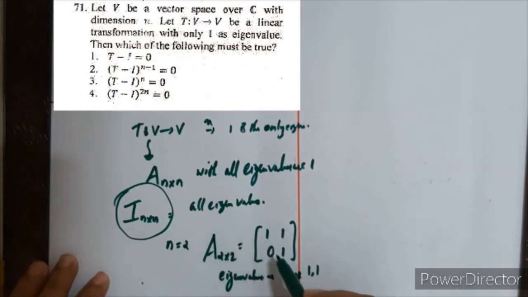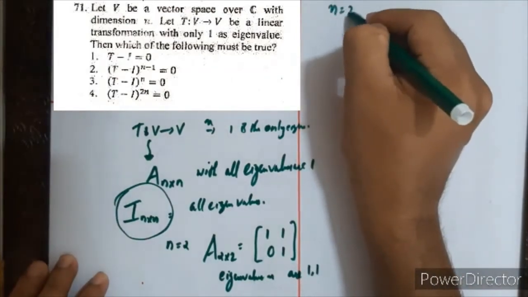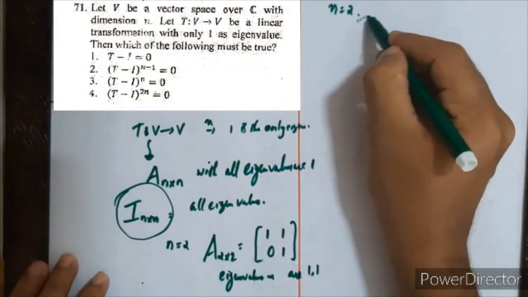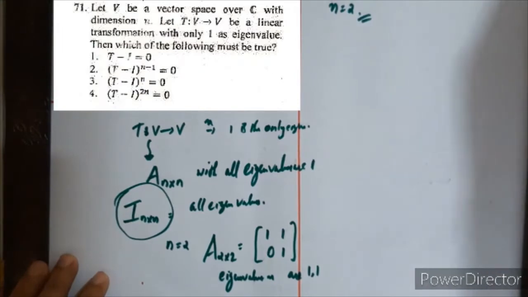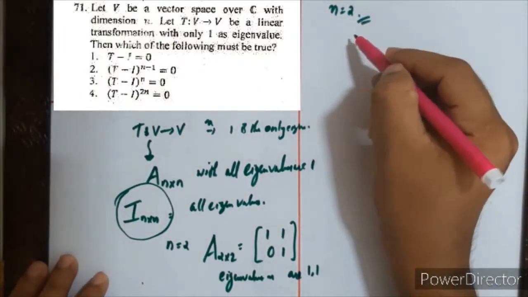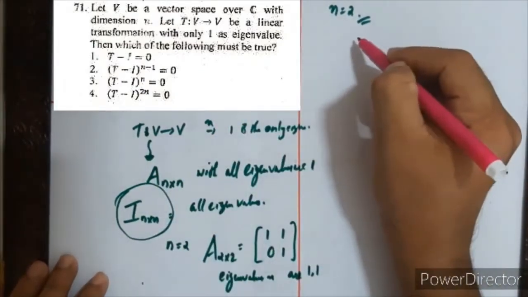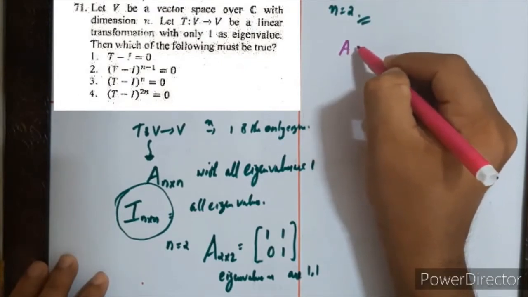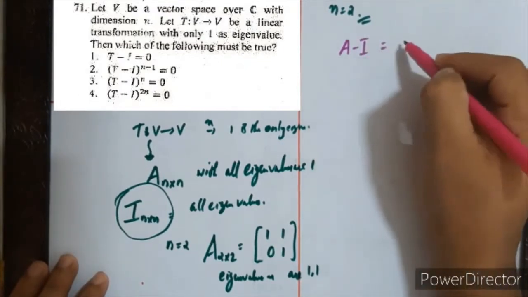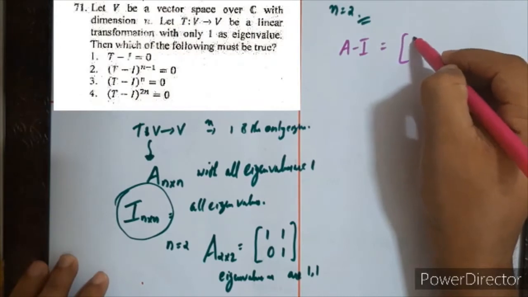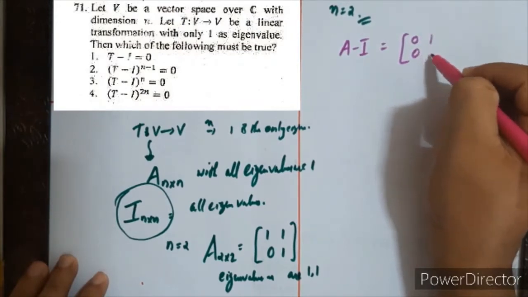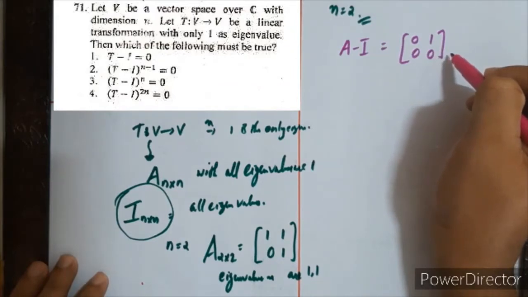So all eigenvalues of this matrix are 1 and n equal to 2 here. Now I am taking A instead of T. There, A minus I matrix is 0, 0, 1, 0. So here all eigenvalues are 0.